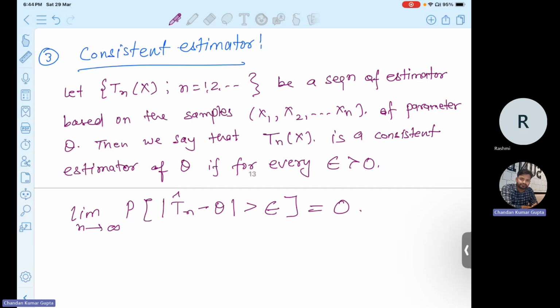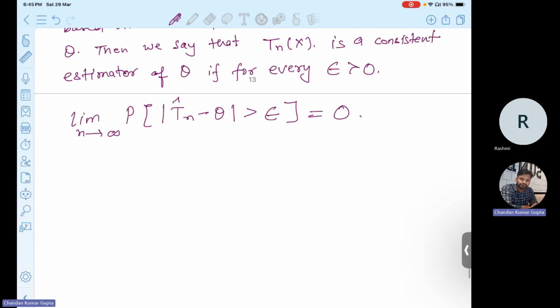Since this probability is not easy to compute, using Chebyshev's inequality we will simplify this and give a necessary and sufficient condition to check whether the given estimate is a consistent estimator or not.